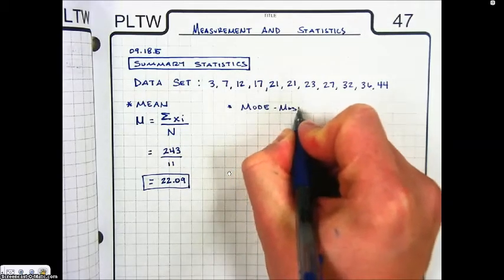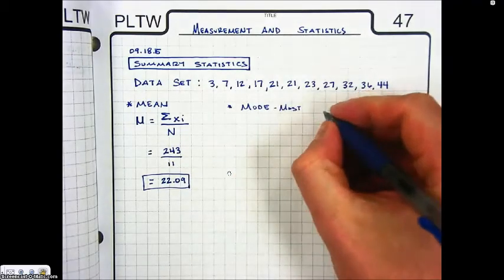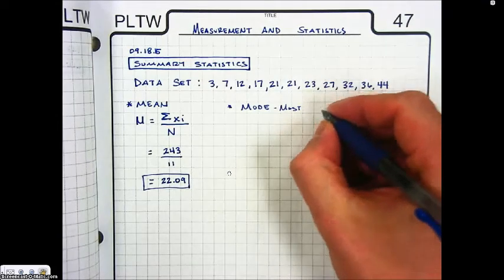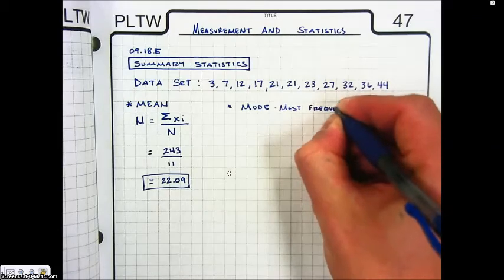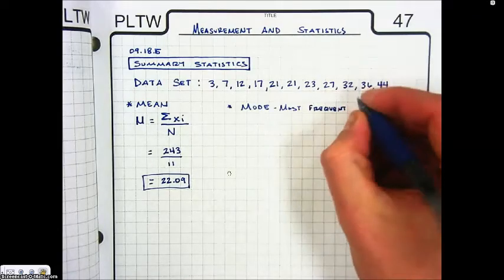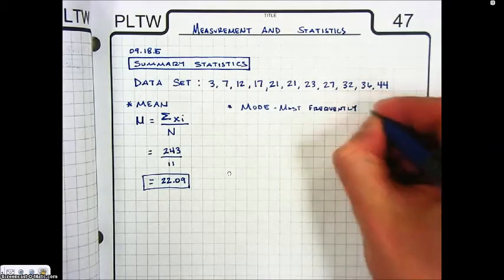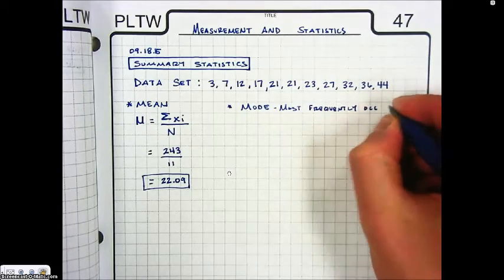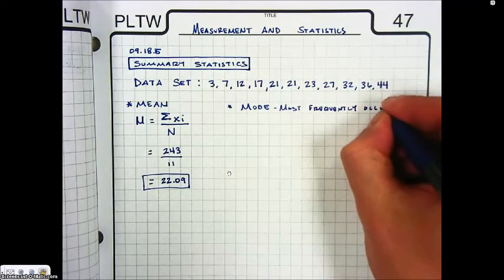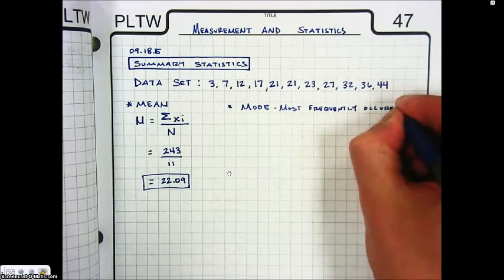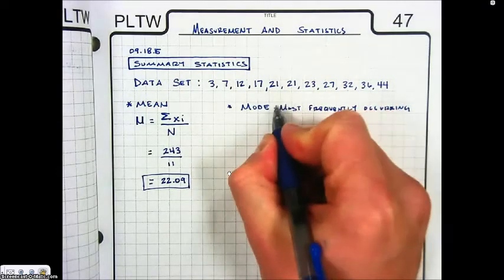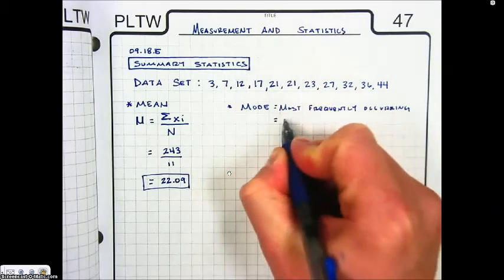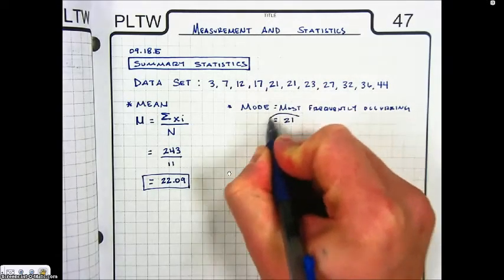So I'll just write that. Mode is the most frequently occurring. And so again, our mode is equal to 21 in this case.